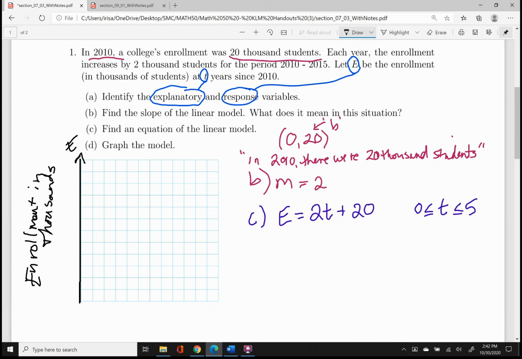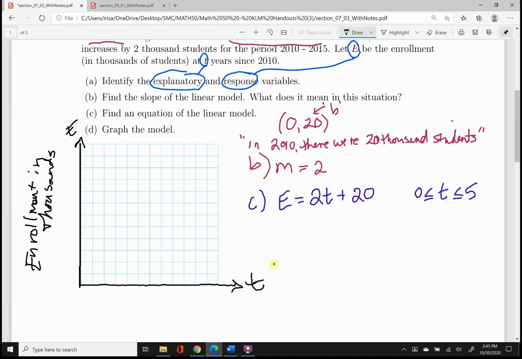Okay, and my horizontal axis will look like this. So there's my T axis, and this will be years since 2010. Okay, so I want to have tick marks, every 2 would be sufficient here.